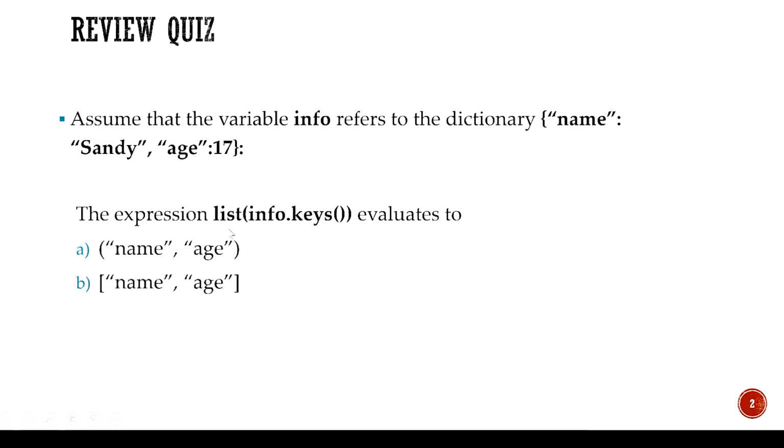When we apply list, it makes the data structure a list, so we expect to see square brackets. So for info.keys, we have two keys, name and age, in a list. So here the right answer is B, because we always use a square bracket for a list as a data structure.